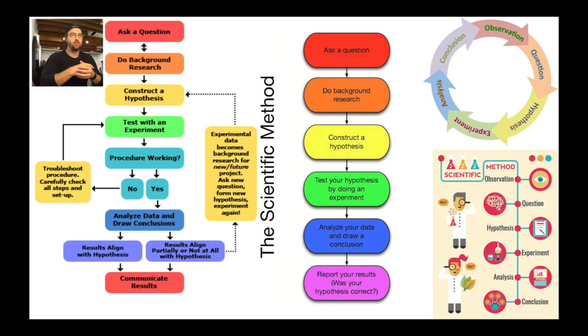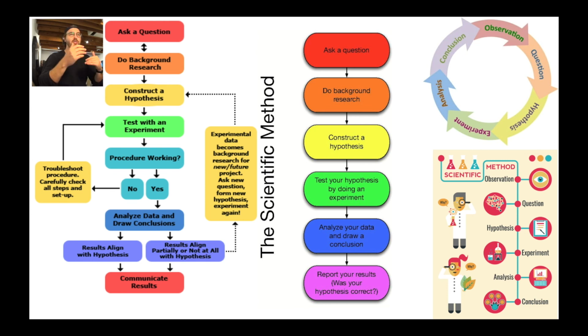The last thing I want to show you is that when I was looking online, I just typed in Google the scientific method, and I found all sorts of different graphics. Sometimes they look really different from each other, sometimes they look really similar, sometimes they use different words. In general, they have between 5 and 7 steps listed, and usually somewhere in there there's a question, and somewhere in there is a conclusion.